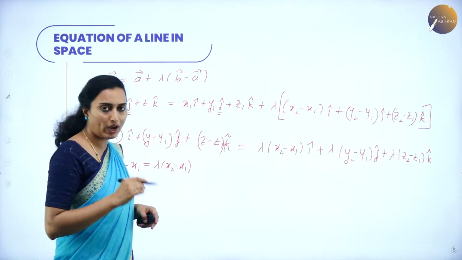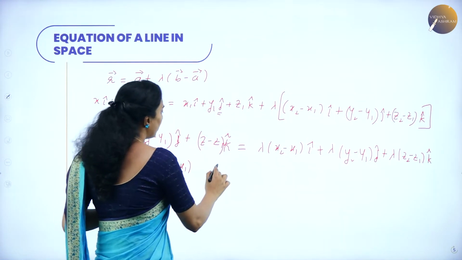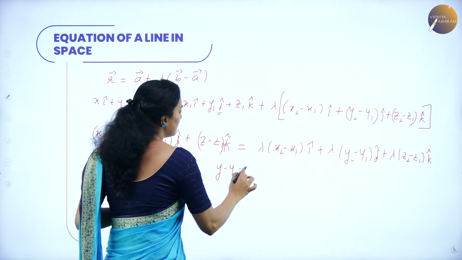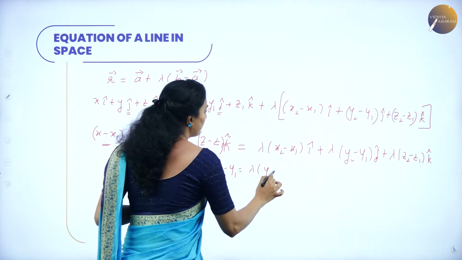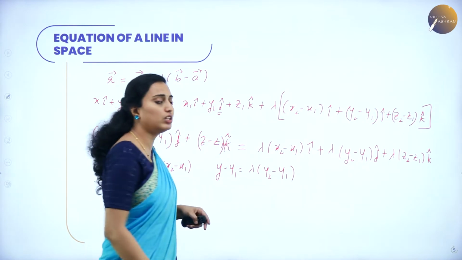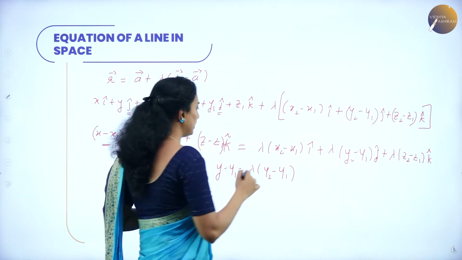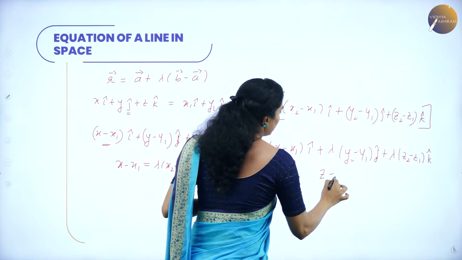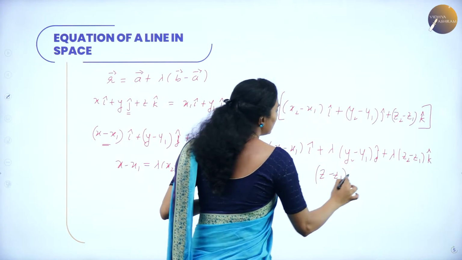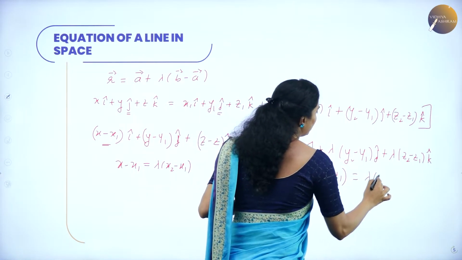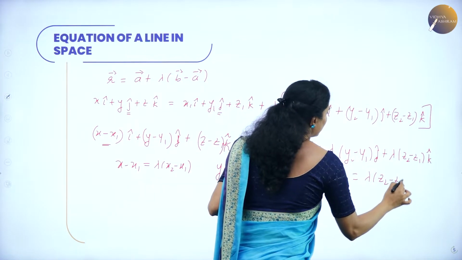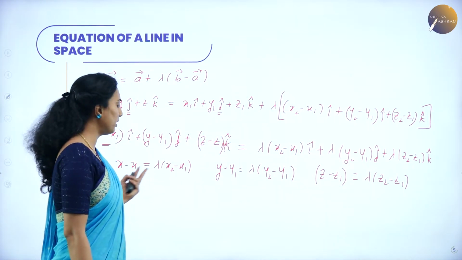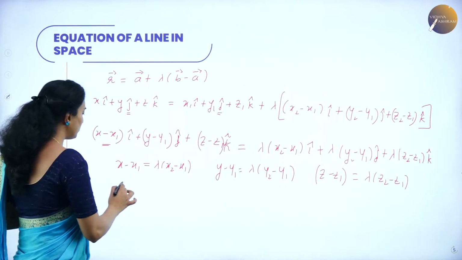Similarly, for the y coordinate, y minus y1 is equal to lambda into y2 minus y1. Similarly, for the k coefficient, z minus z1 on the left hand side is equal to lambda into z2 minus z1.